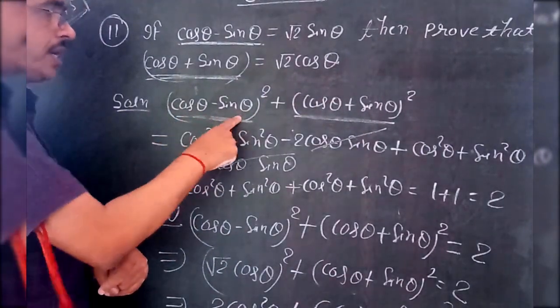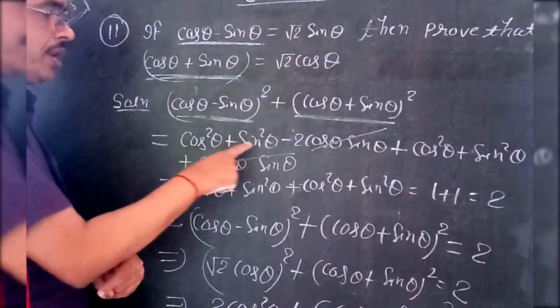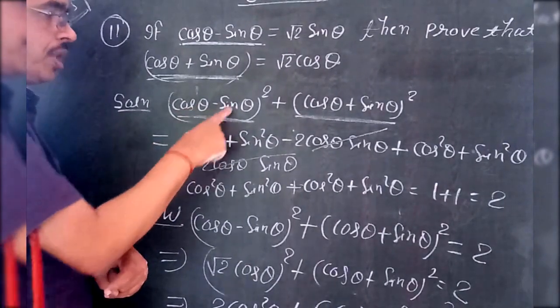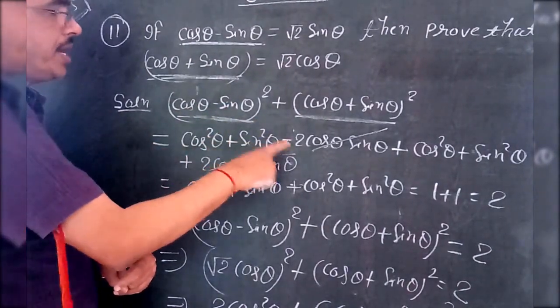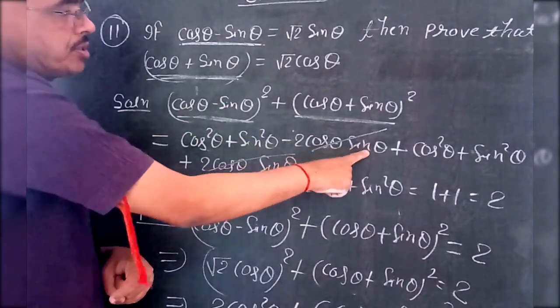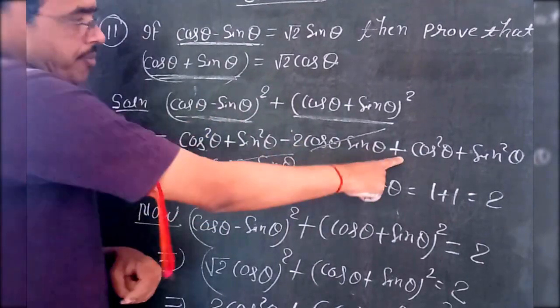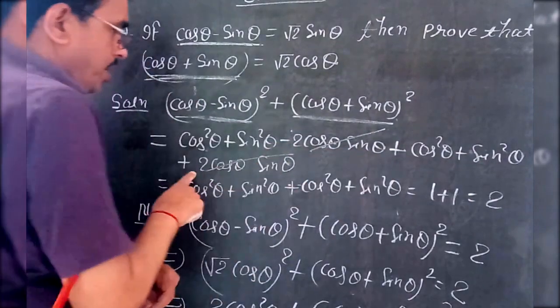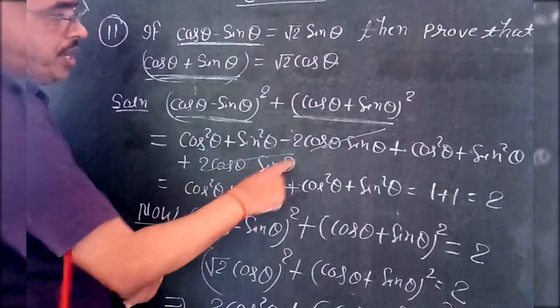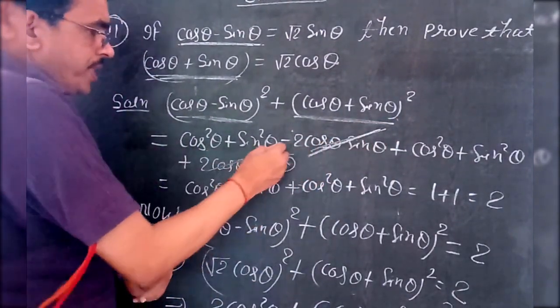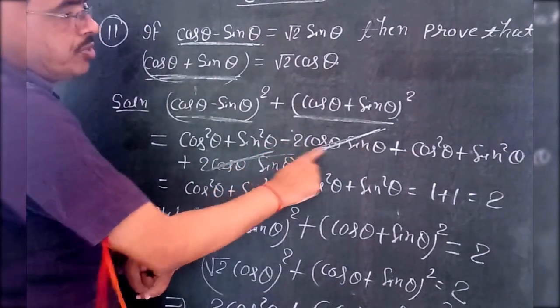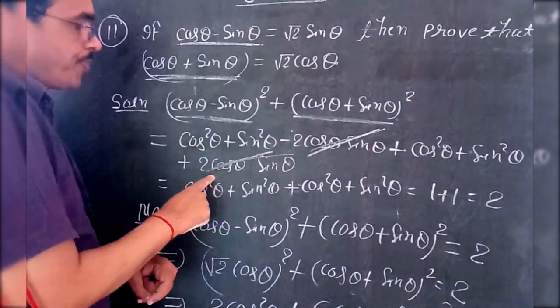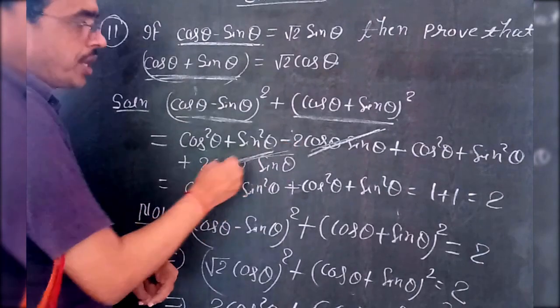For a minus b whole square, a square plus b square minus 2ab, so cos square plus sin square minus 2 cos into sin. For a plus b whole square, a square plus b square plus 2ab. Here minus 2 cos theta sin theta and plus 2 cos theta sin theta, both are cancelled.